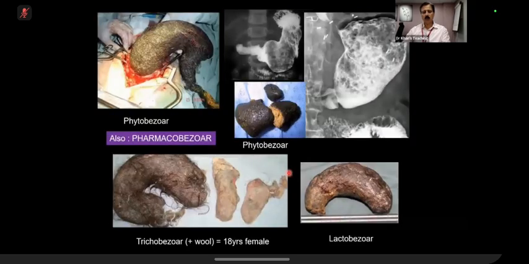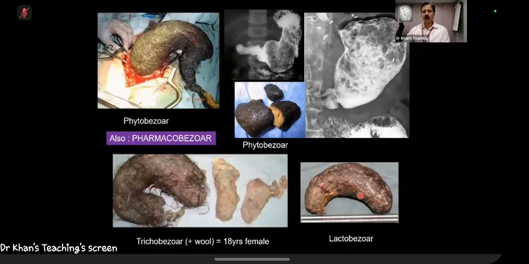What is a bezoar? So bezoars can be various types. Phytobezoar is the most common, which is because of vegetable material. And there are trichobezoars, which are because of hair, usually in young girls. They keep eating hair, and basically a bezoar is undigested material.